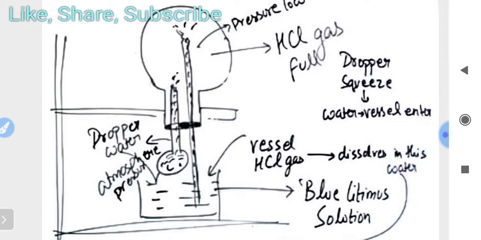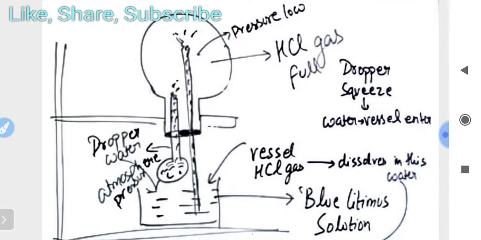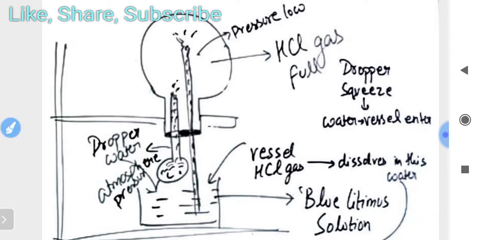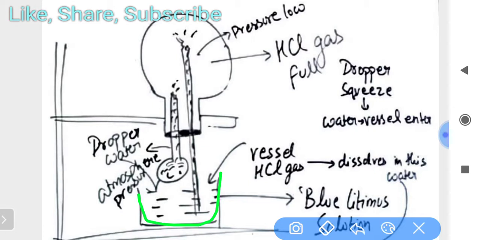So first thing, okay, this is the apparatus. You can also see it in your book. If you see that structure, a small pipe-like structure is here, and a dropper with water is here. And HCl gas is filled in here.